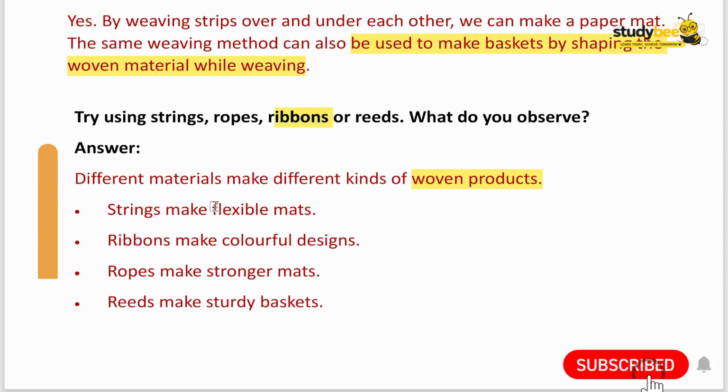Strings make flexible mats. Ribbons make colorful designs. Ropes make stronger mats. Reeds make sturdy baskets; it will be very hard and strong.